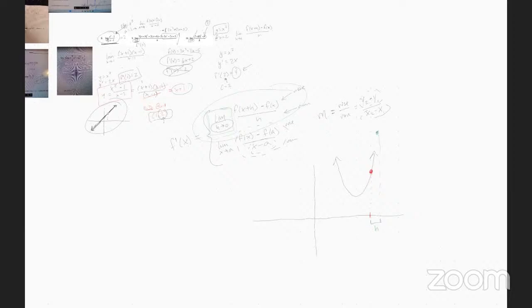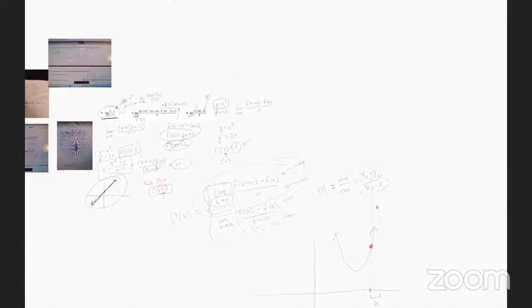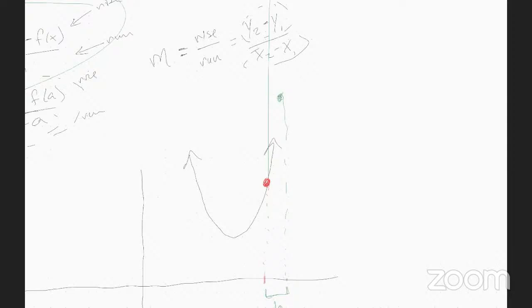So what does that mean? Well, I'm taking, can you see it okay? Let me zoom in. Yeah. Here's what I'm doing. I'm taking this line right here. I'm finding the slope of that line, but then I'm making it smaller.